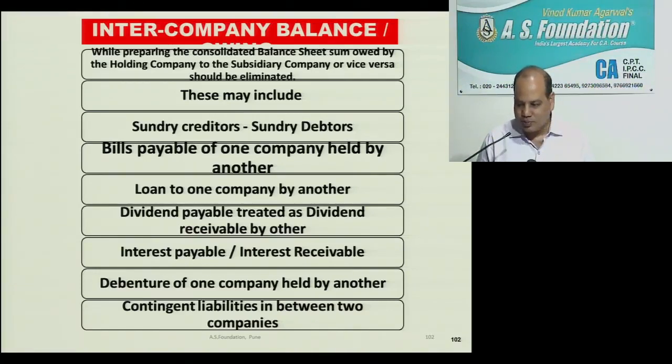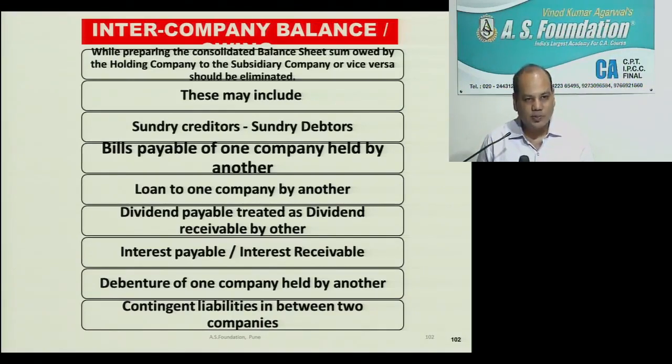So when you are going to prepare a consolidated balance sheet, one adjustment which will appear and reappear is intercompany balances. Intercompany balances means there are two different entities. H Limited is one entity. S Limited is another entity.